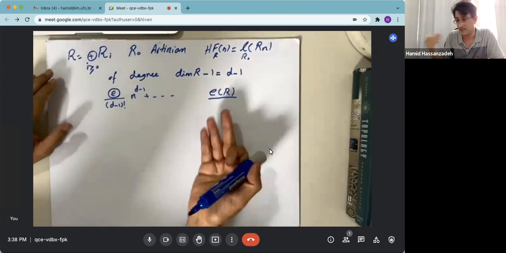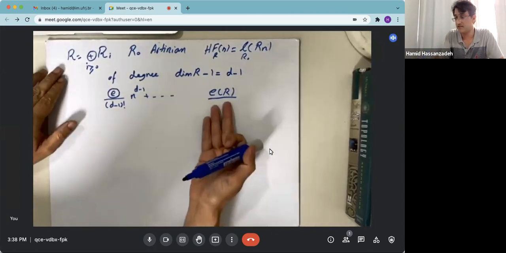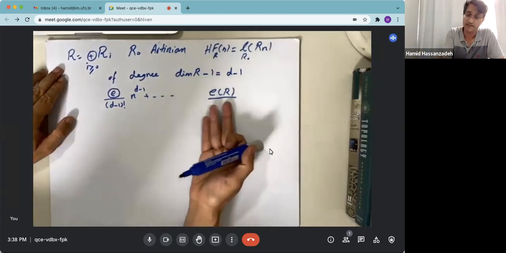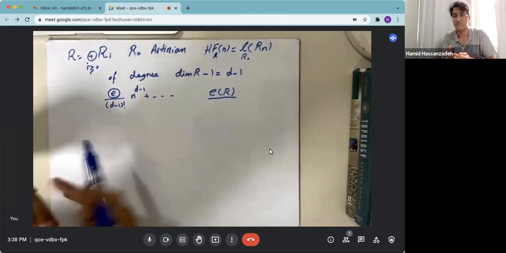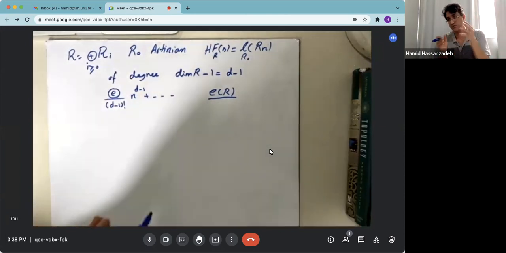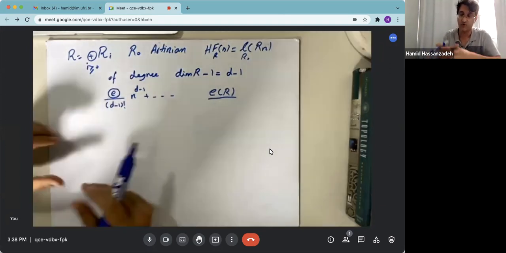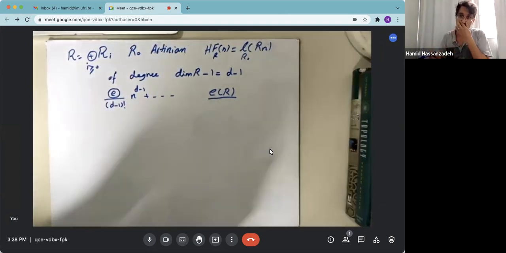So to say better about isolated singularities, Samuel generalized this idea of Hilbert for local rings. So this was needed because one has to go through the isolated singularities, so one needs to localize things.